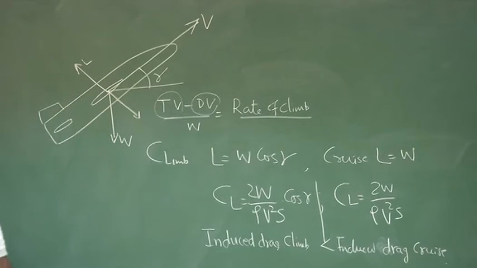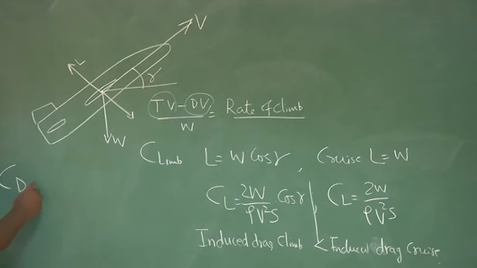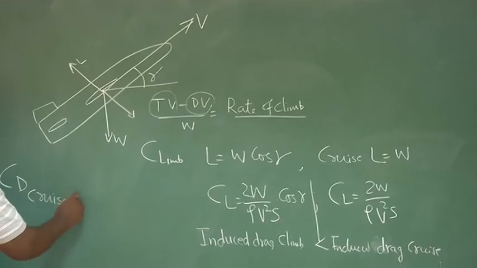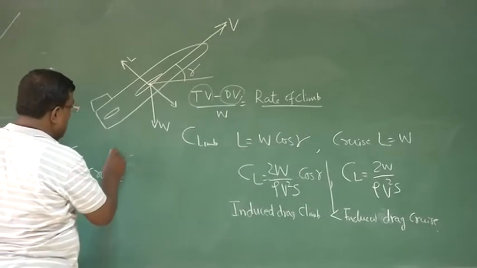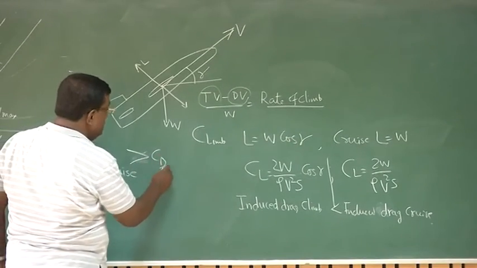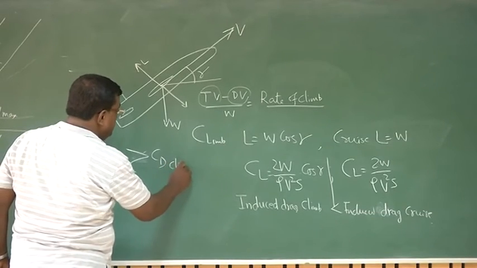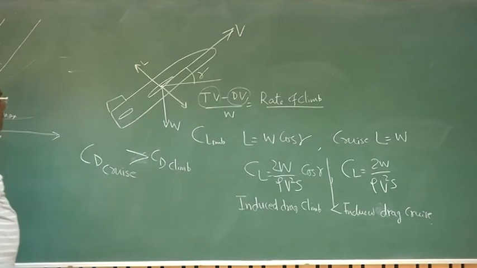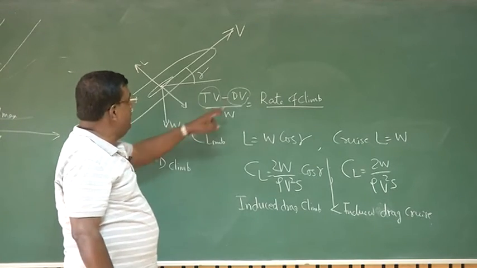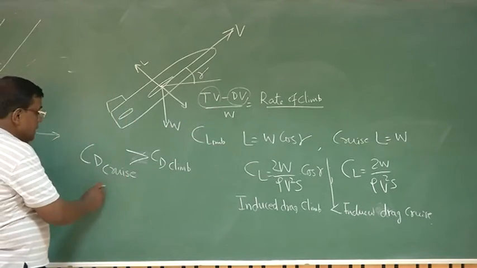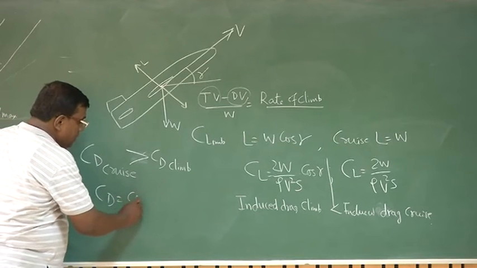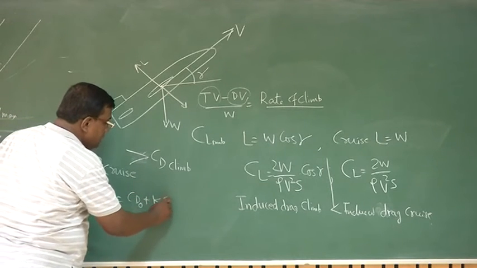That in totality means CD cruise is greater than CD climb. So when I interpret this you understand, because CD is nothing but CD naught plus K CL square.